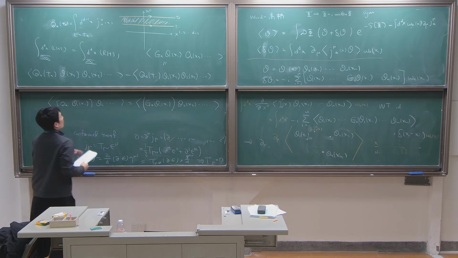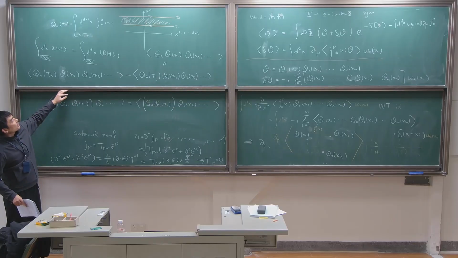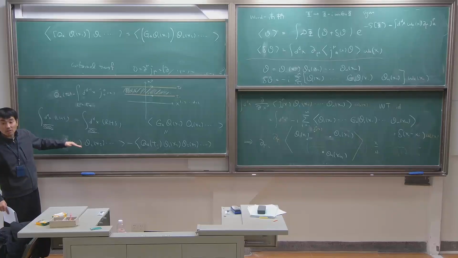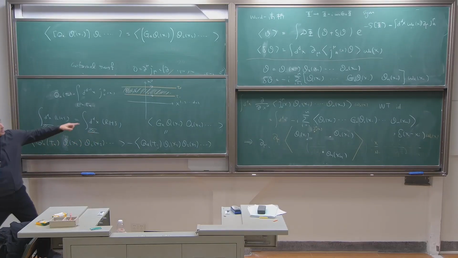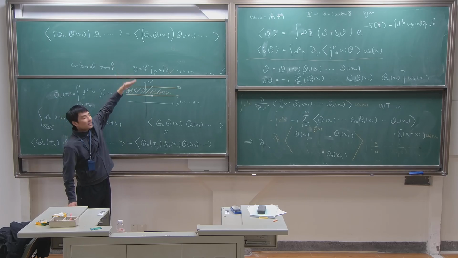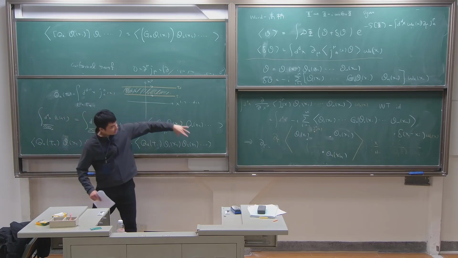The reason you get this commutator here is that in your correlation function you always consider time ordering. So t plus is a bit ahead of x1 in terms of time, but t minus is the past of x1. Therefore you have to put this charge in between O1 and O2.